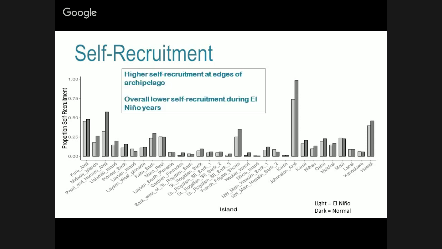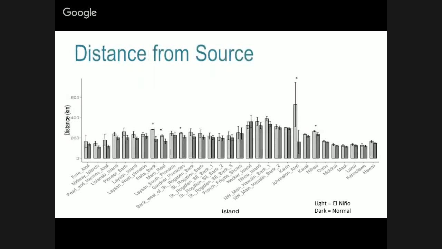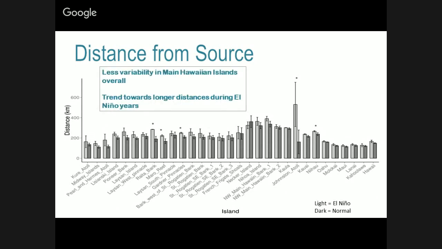So looking at that, we see that the distance from where they were born, or the distance from the source, is longer during El Nino generally. The light bars are taller than the dark bars here. But there's only a few of them that are statistically significant. But it's a trend that these larvae tend to travel much further to successfully settle during El Nino than they do during normal state years.